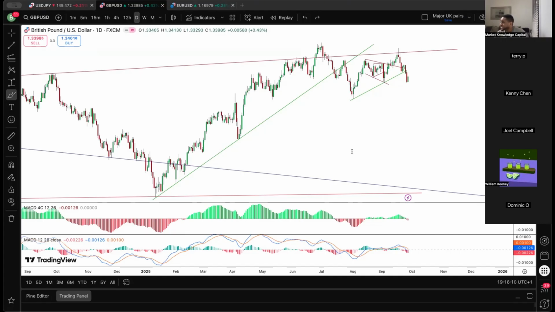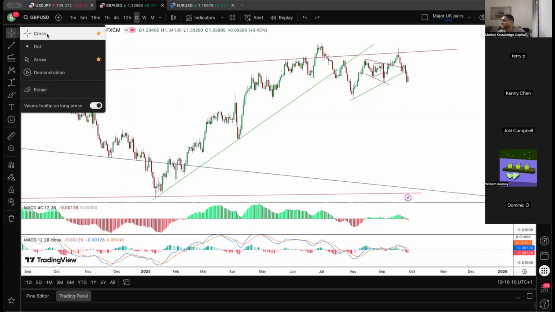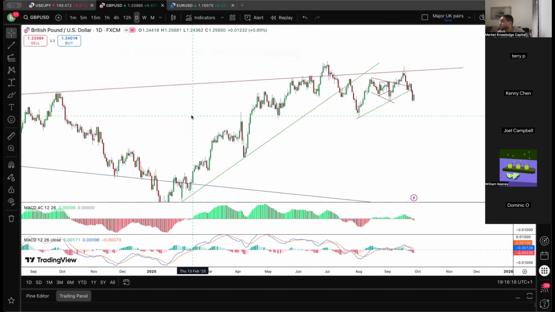Now, the MACD, as I said, is a lagging indicator. So in terms of it identifying a move, I do not use the MACD to help me go into a move before it's happened. I use the MACD to help me confirm that we are in a trend, or to confirm that we are in an uptrend or we're in a downtrend, or whatever it may be, whether it's a correction, whether it's an impulse.